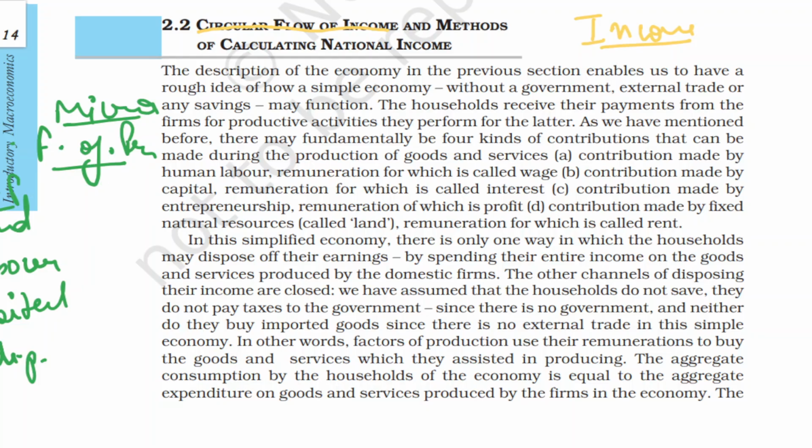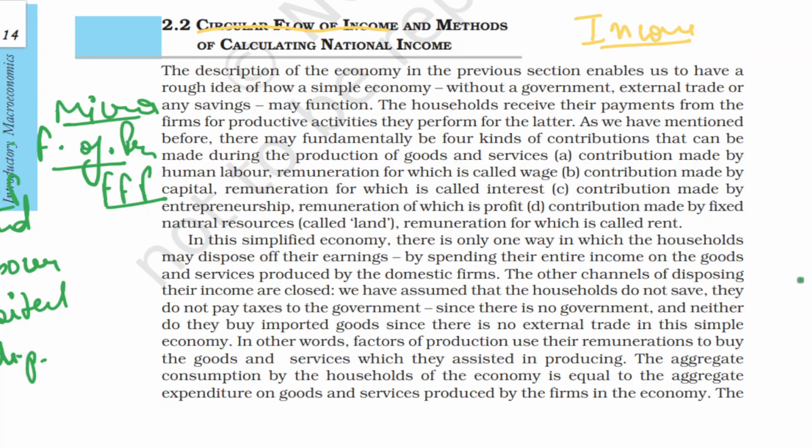Right, now in macroeconomics you have factor payments also. We discussed this in the last video when we were discussing the revenue and cost part in microeconomics, but I am recapping it for you because it will be useful in this particular topic.